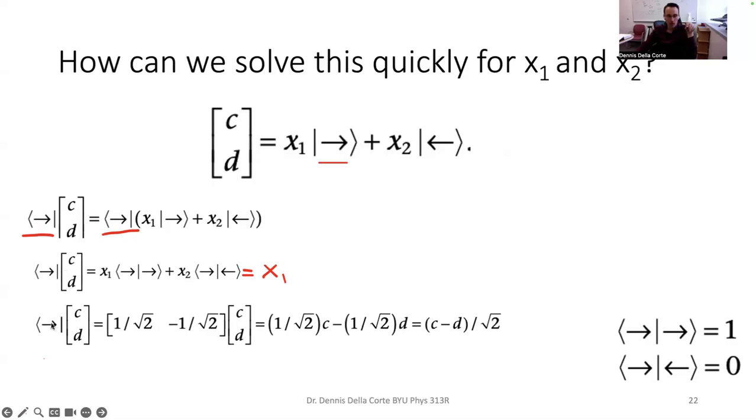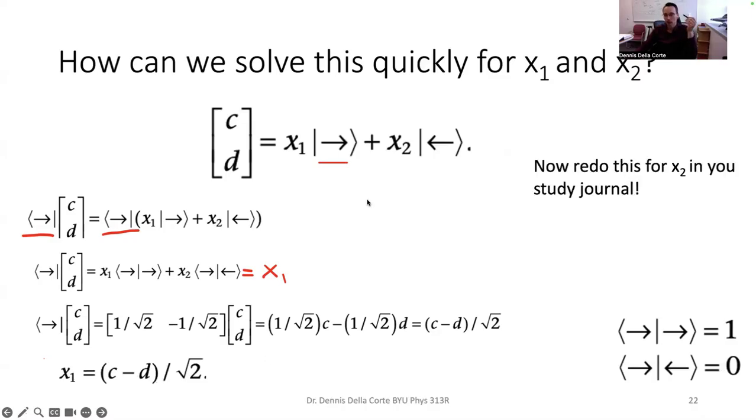If we plug in this definition for the right pointing arrow, and then we do again our weighted sum, so C times the first term plus D times the second term right here, multiply it out, then we find that x1 is equal to (C minus D) over square root of 2. Very nice. You can actually do the same thing for x2 as well. You would just multiply with the bra of the left pointing vector, and you can find it. You should do that in your study journal.